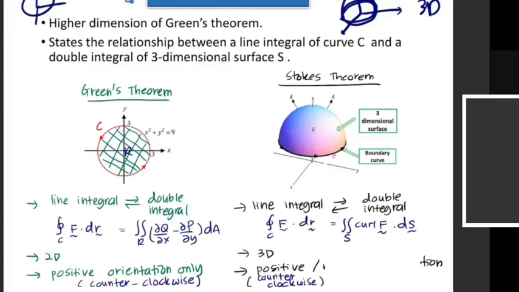For Stokes theorem, we have the line integral of F dot dr equal to the double integral over surface S of curl F dot dS. This S refers to the surface bounded by this curve, this C. So basically for Stokes theorem, you have a curve and also a surface.